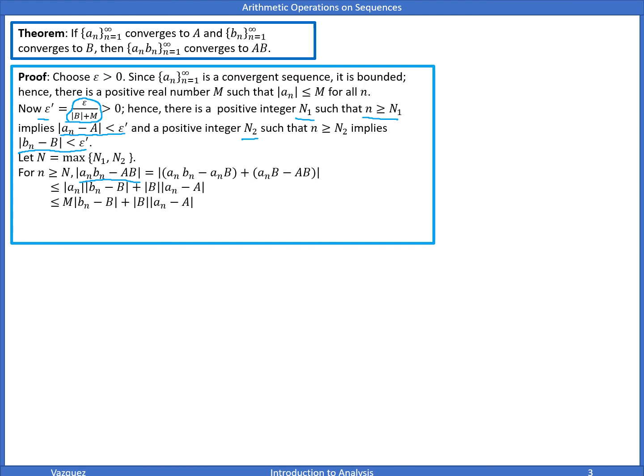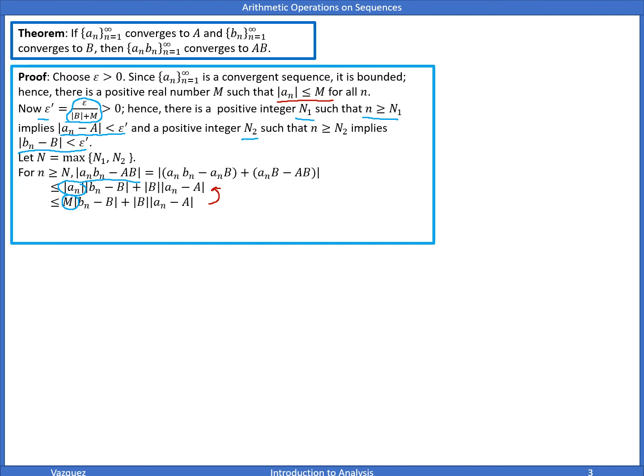Right, now that's less than or equal to this next one. And all that changed is this an became an m. Why? It's bounded, right? So up here we had that it was bounded. M is greater than or equal to that sequence. So therefore this one is greater than or equal to the top expression.